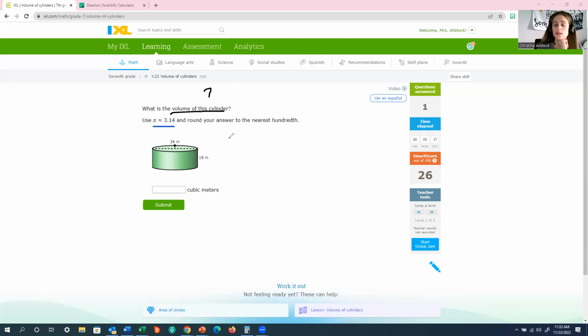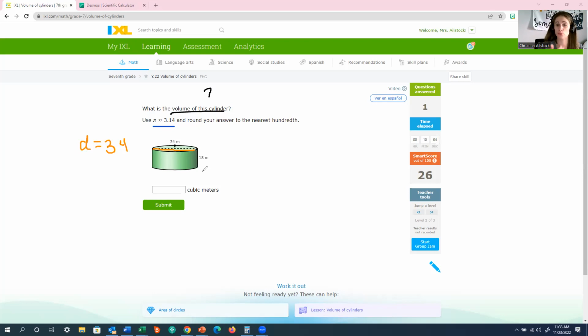Did they give us the radius in this problem? No, because if we look at the image, notice that dotted line goes all the way across. What is the name for the measurement when it goes all the way across a circle? That's the diameter. That means our diameter is 34 meters.